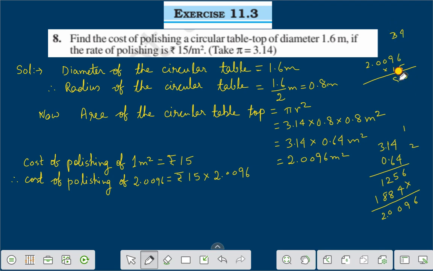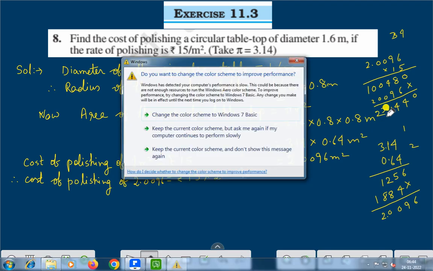Then 5 times 0 is 0, plus 4, and so on. Adding: 8 plus 6 is 14, carry 1, it is 4, and so on, until 3. And the point is 30.144. Therefore, we can say approximately 30.14.